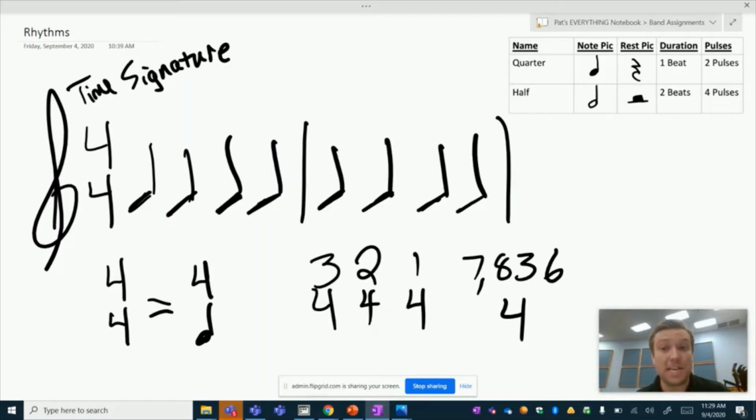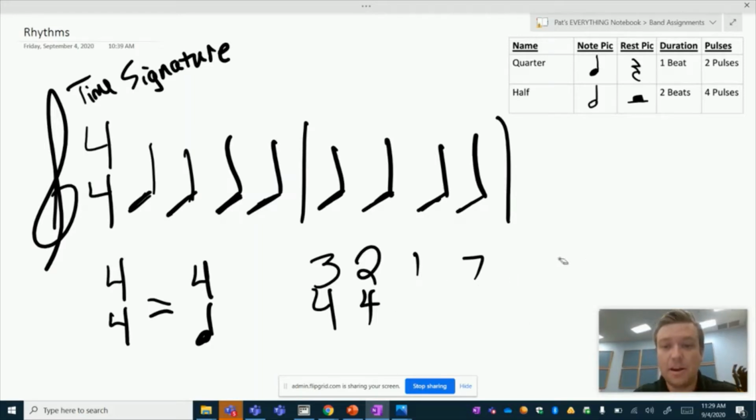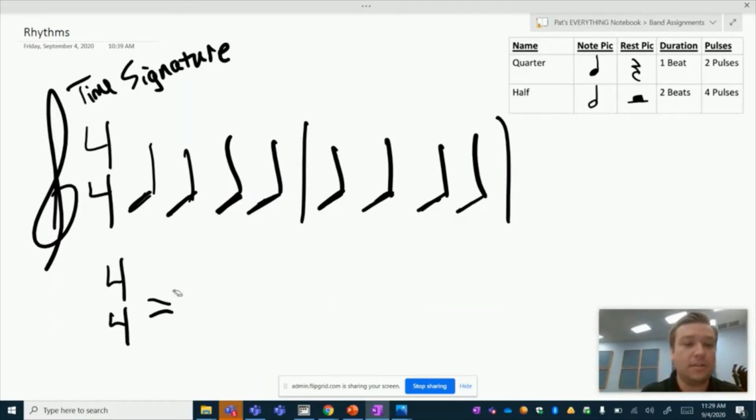But that's pretty ridiculous, and no one would ever have a measure that long. That's pretty crazy, but theoretically, it's possible. So I'm going to delete all those time signatures right there. That's a little intro to what a time signature is. And really, we're just going to be working in 4/4 for a long time, and we'll move to other ones later.